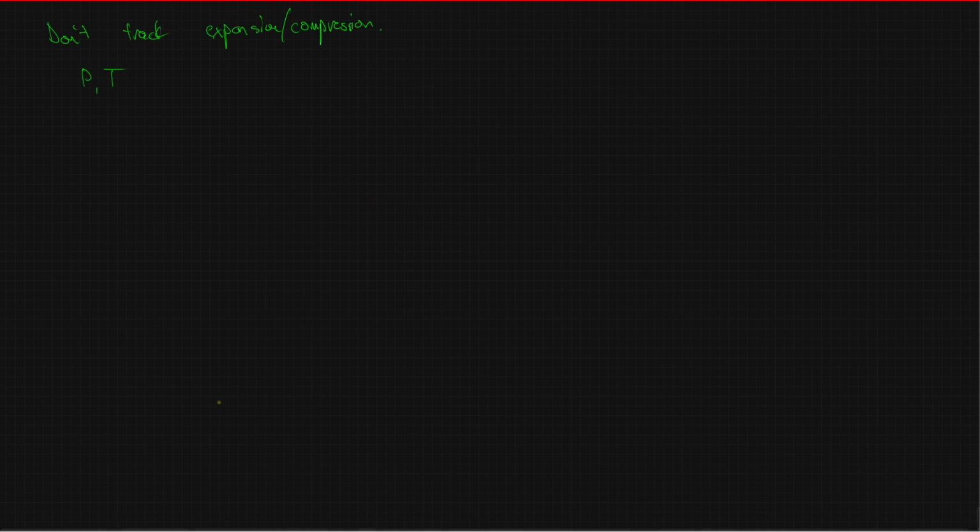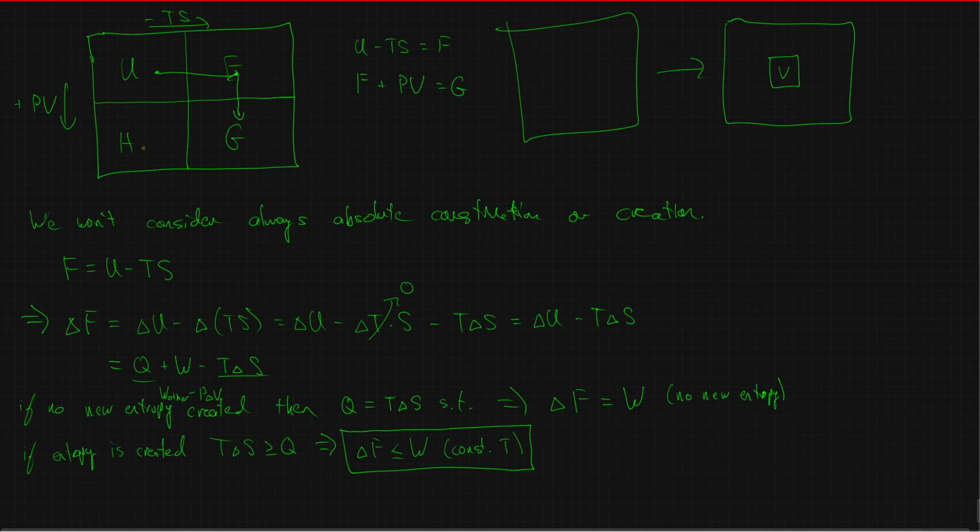All right, so now we are not going to care about the expansion and compression, so we're going to talk about the constant pressure, constant temperature environment. So these are now constants. If they are constants, then I should restate the definition. So G is what? Let's remember using our formula right here. If we want to get to G from U, we could go either way.